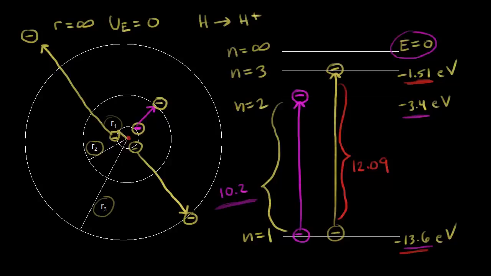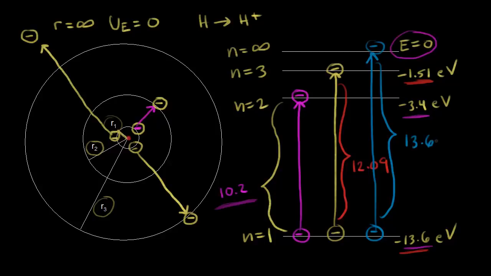And that amount of energy, let me use a different color here, obviously requires a lot of energy to do that. So that would be going from an electron here to an electron here. What is the magnitude of that energy difference? That's 13.6 electron volts. So it takes 13.6 electron volts to take an electron away from the attractive pull of the nucleus and to turn it into an ion.